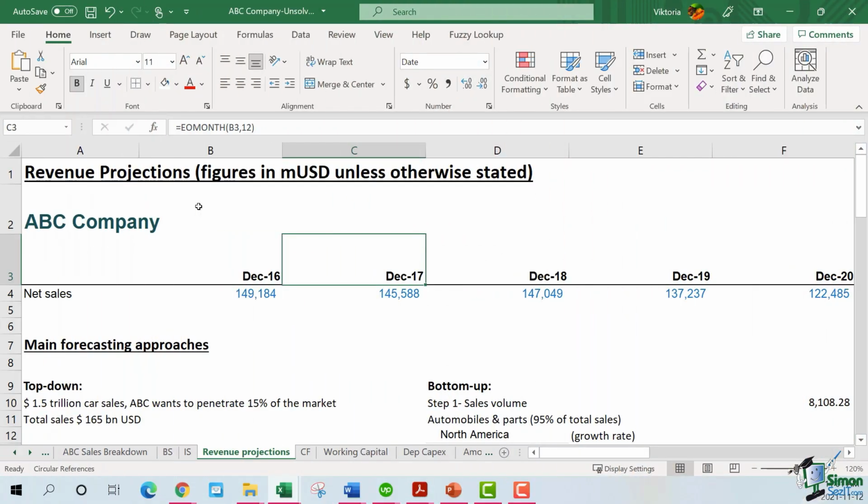This is the Revenue Projections tab in our Excel file, and we will be discussing some core concepts in this tab. Firstly, let me reiterate that the figures are in million USD unless otherwise stated. Before we start, let me just say that the revenue projections vary widely based on the industry and the business model.